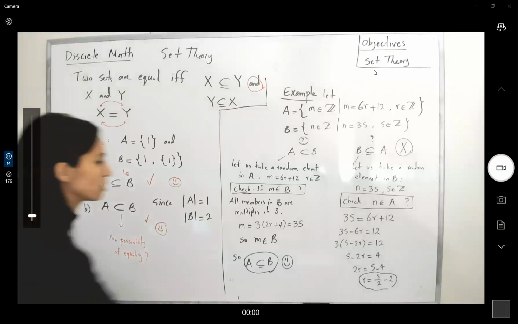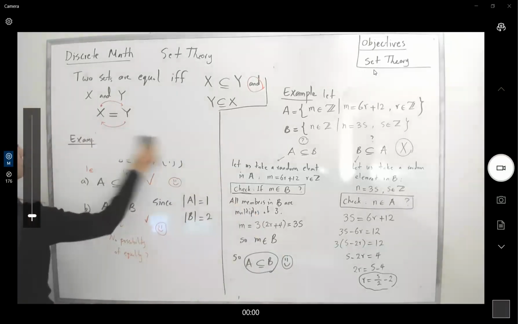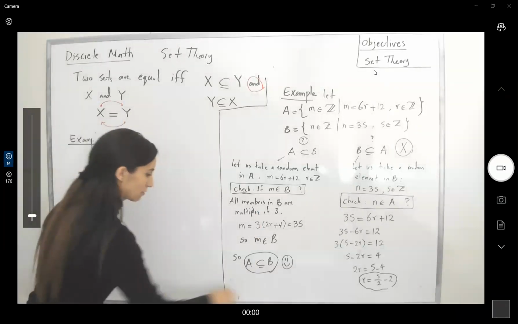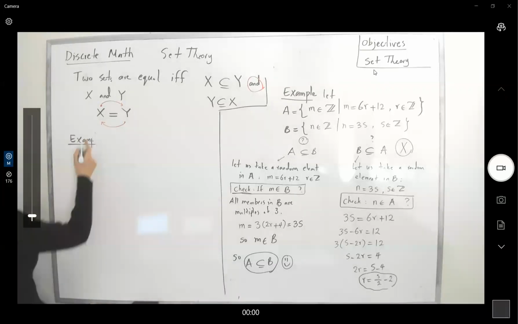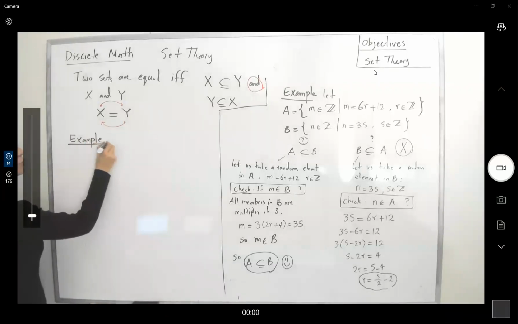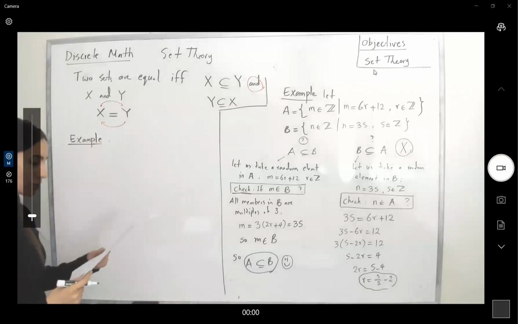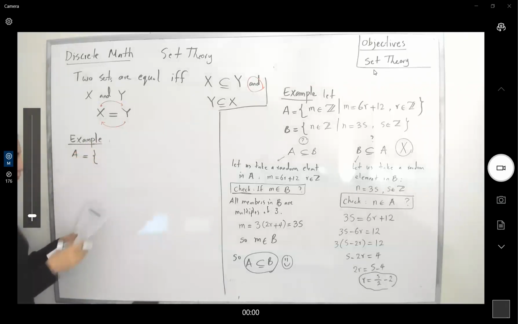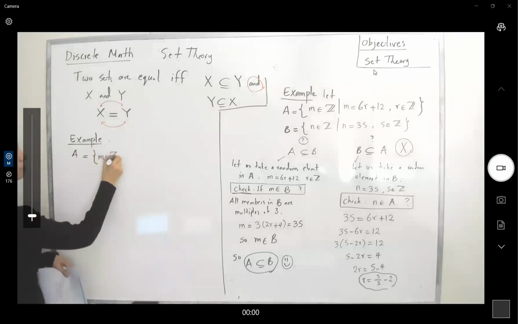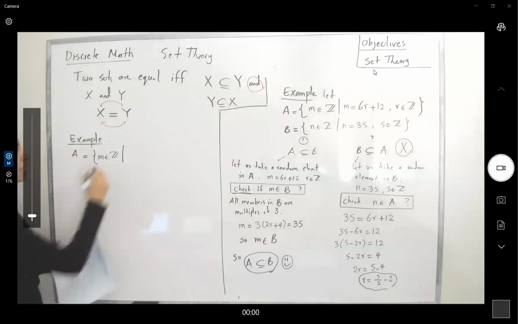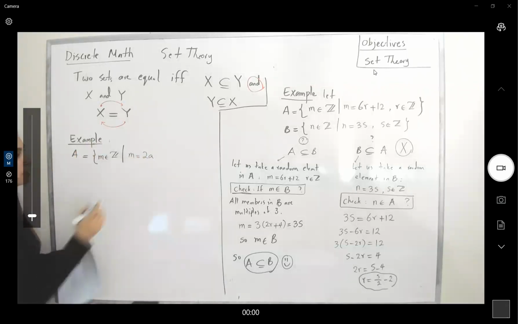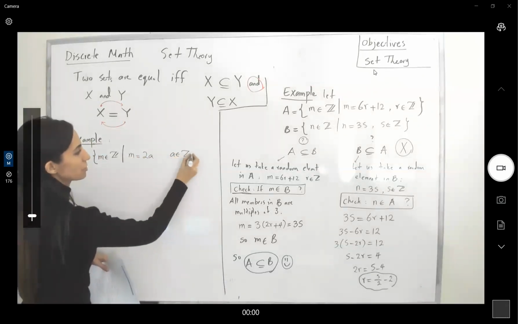Perfect. Another example for you. This example says, what's the relation between these two sets? Our first set A is given to us as the set of all integers m such that m is equal to 2a for some integer a.